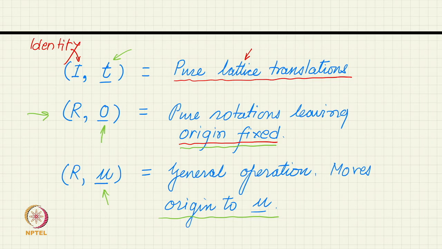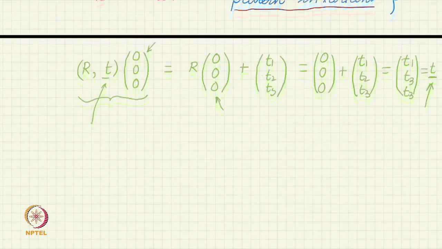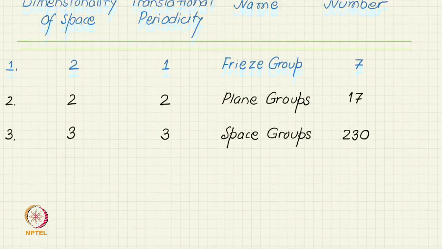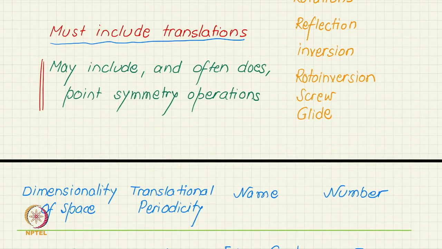So, in a space group you can have affine transformation in which the translation part is not a lattice translation. That happens for two operations which we have met, and that is the screw and glide. Both of these operations involve translation, but they involve fractional translations and not a complete lattice translation.